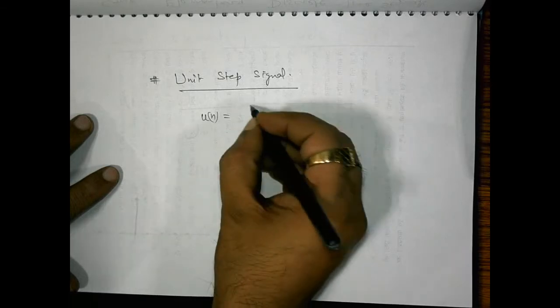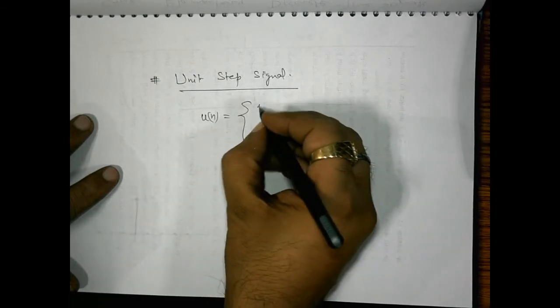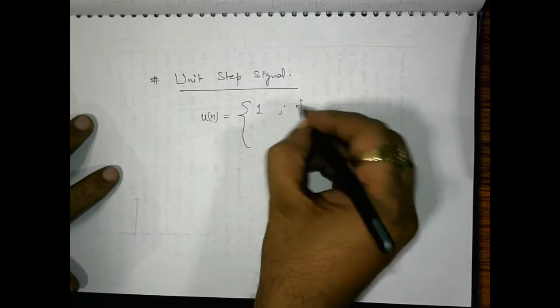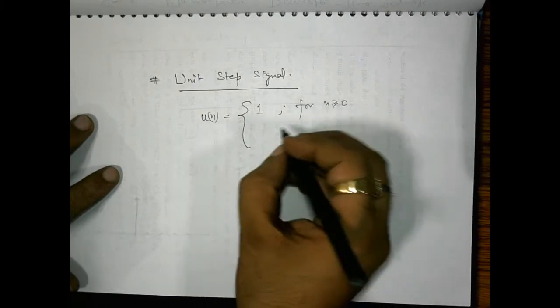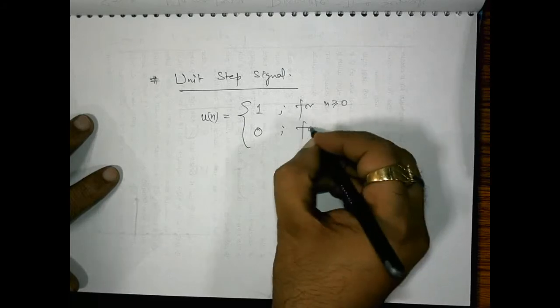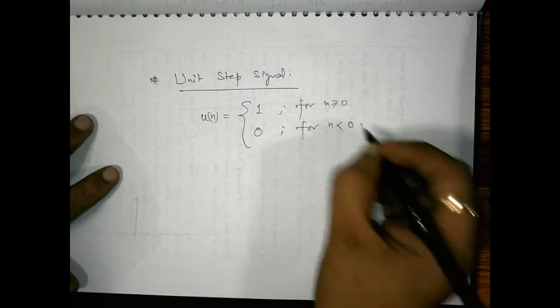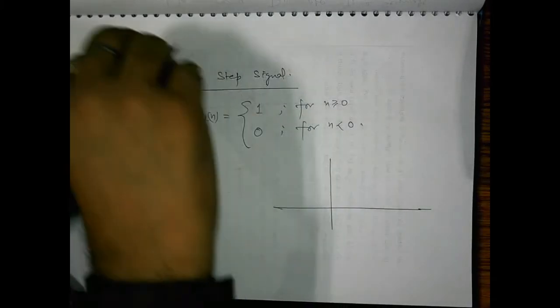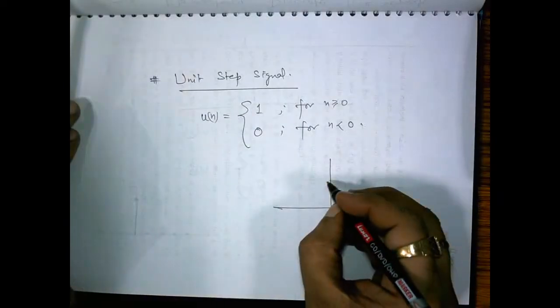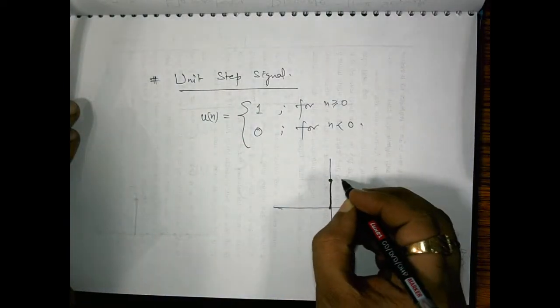In functional form it may be defined as un equal to 1 for n greater than or equal to 0, and it is 0 for n less than 0. So if you plot the graphical representation of this signal, you will see that this signal can be represented like this.